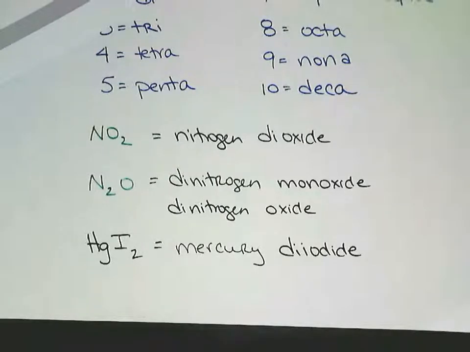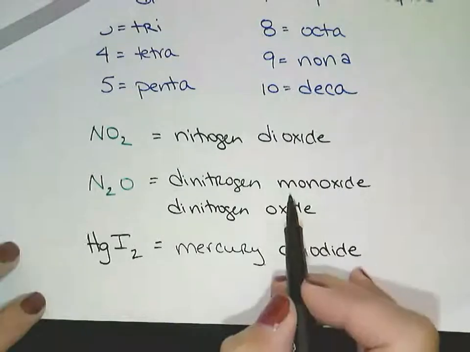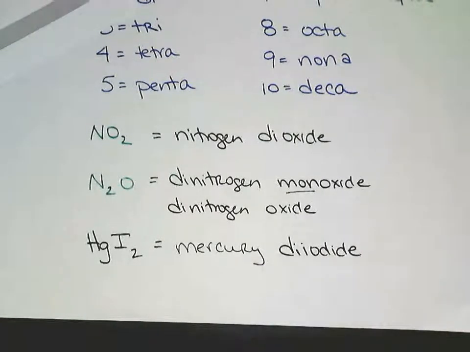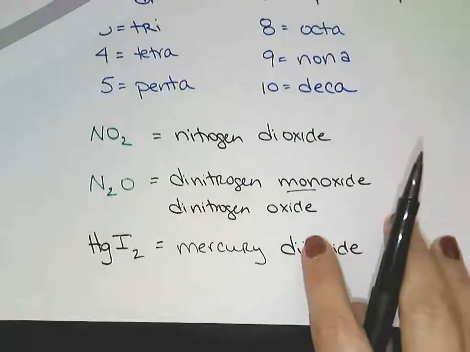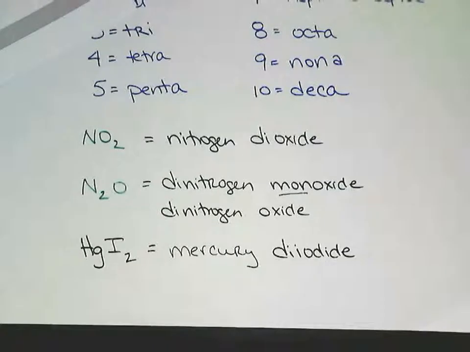But I would be fine if you did just one I, because the grammar rules are a little funky. If I got rid of one of these I's, it'd be diodide, which maybe doesn't tell you the same information as diiodide. So use your best judgment as to how many vowels to put in there. It's going to look weird regardless of which way you do it.